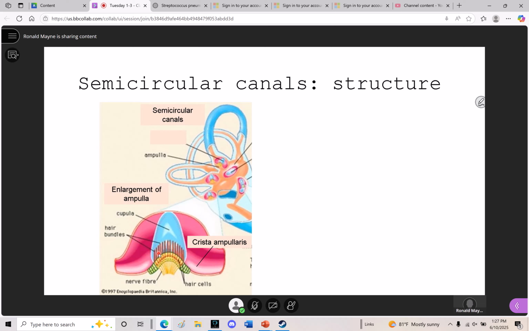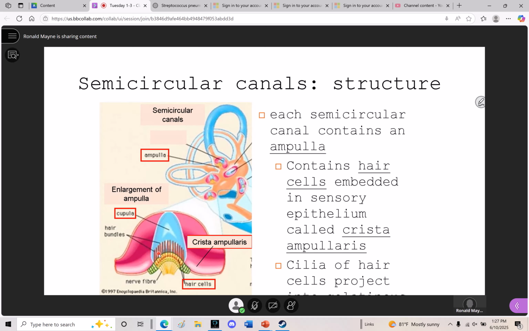Because the hairs are caught in that cupula, it'll move either toward the kinocilium or away from the kinocilium. Keep that idea in mind because that also works for hearing and for static equilibrium. Just a little different structures, but the idea is similar.